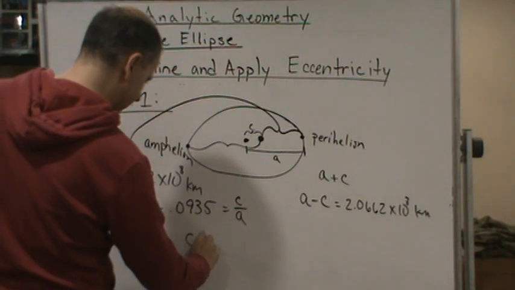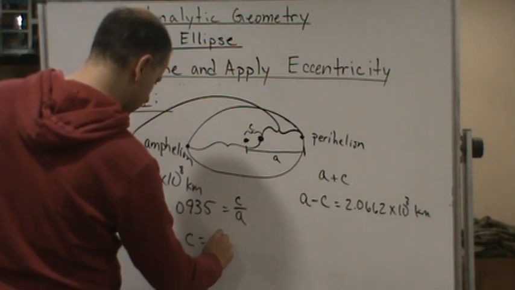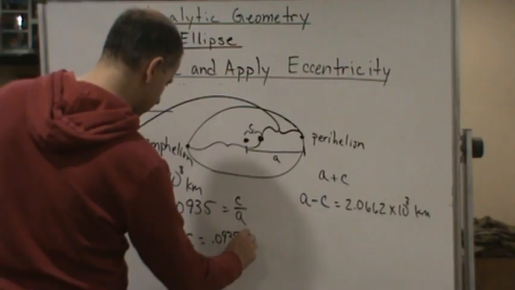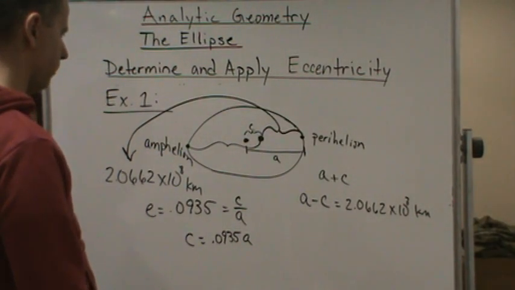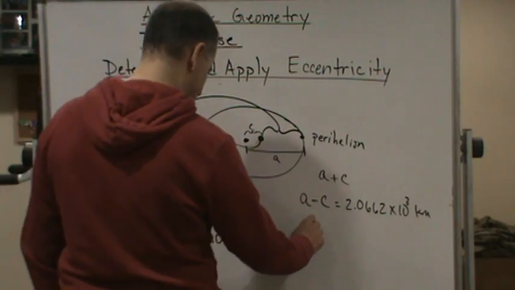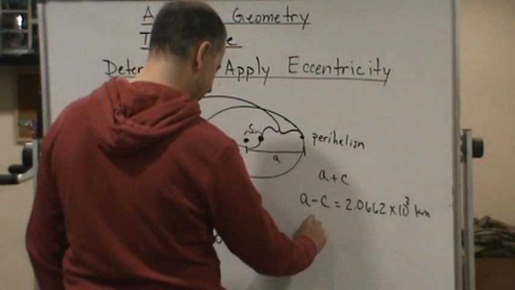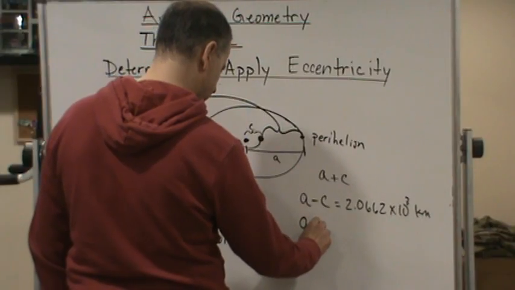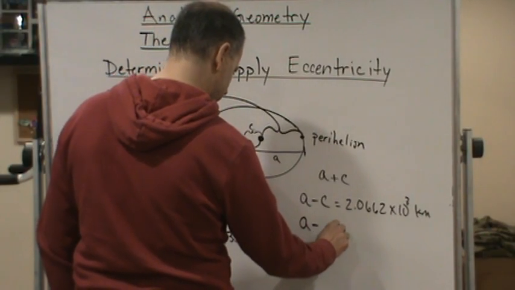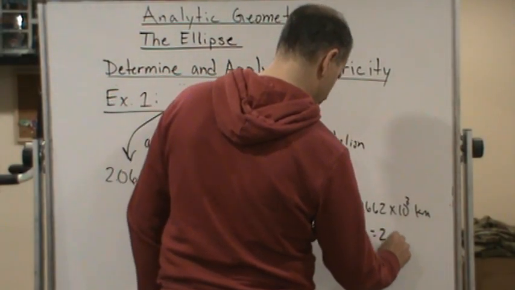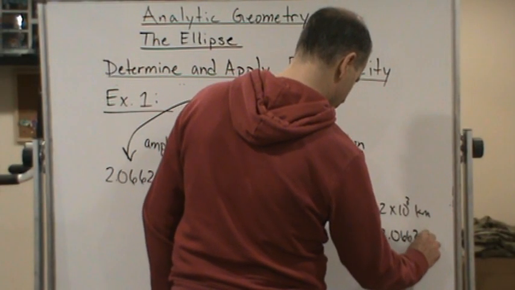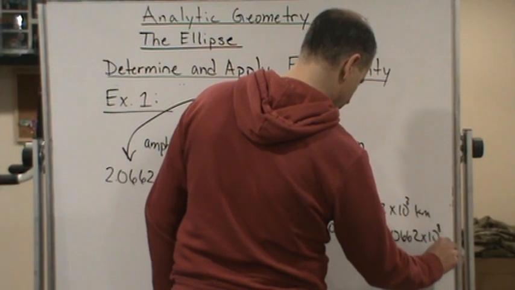C equals what? 0.0935 times A. And then we can say, okay, well, C is equal to that, so we can substitute: A minus 0.0935 A equals 2.0662 times 10 to the 8 kilometers.